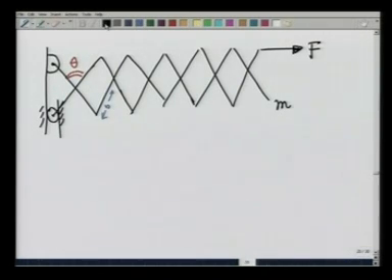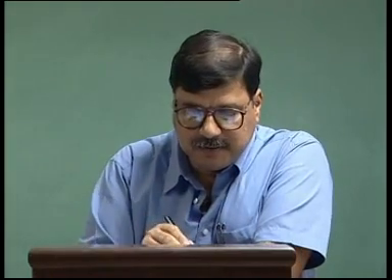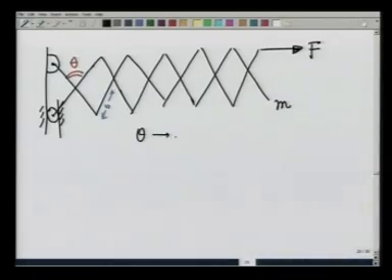Imagine again a virtual displacement of the system, so that theta goes to theta plus delta theta. If that happens, all these points are going to move up. And all these gaps here are going to widen up.